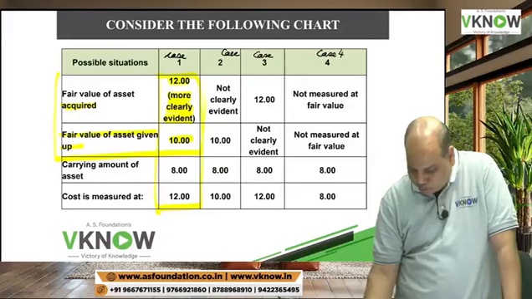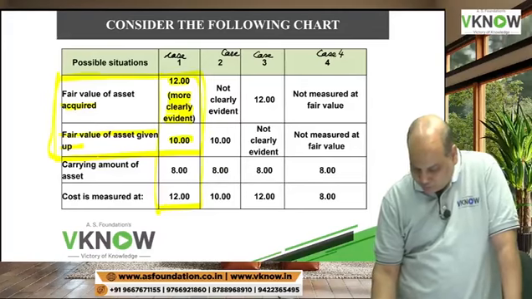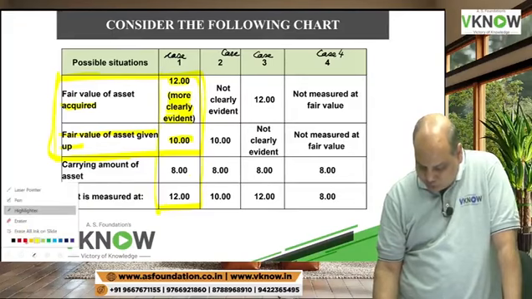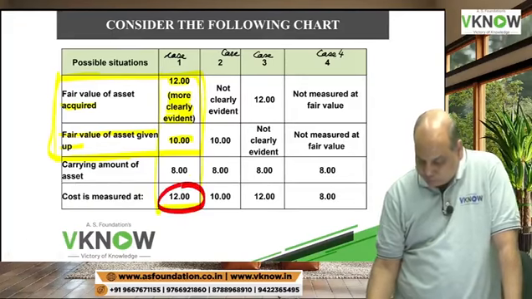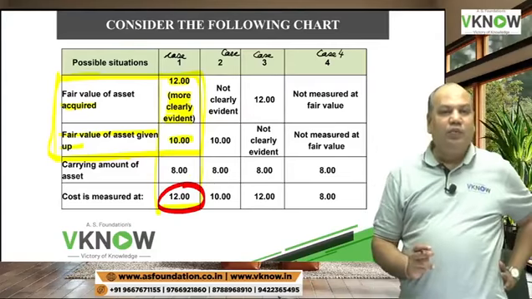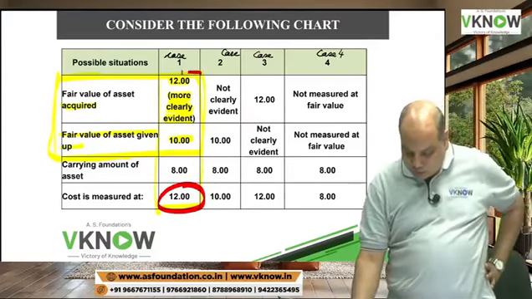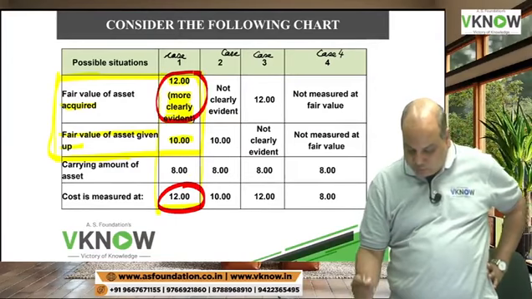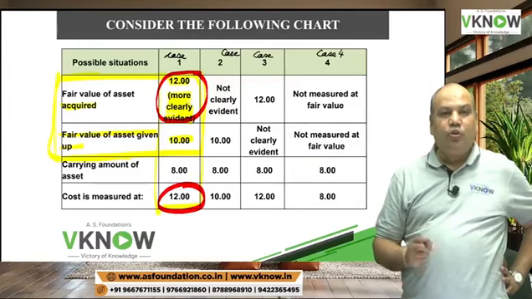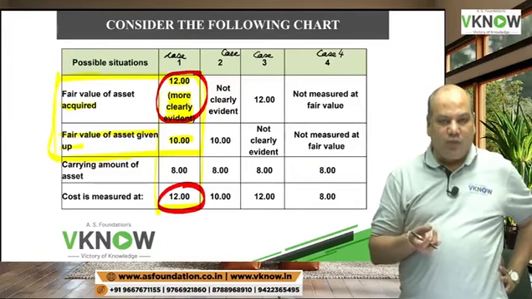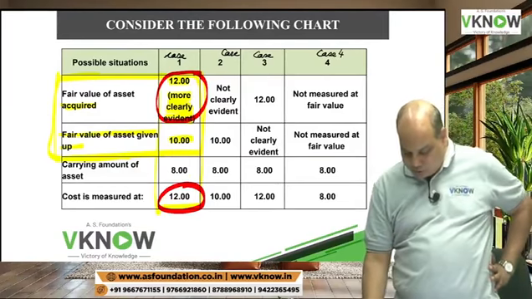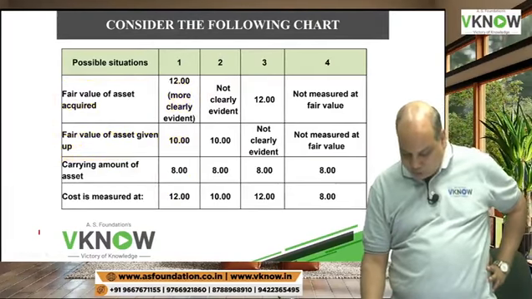Fair value of both are available. Carrying amount is 8. Now the institute is going to ask you a question. At what amount will the asset acquired be recorded? The asset acquired will be recorded at 12. The reason, it is more clearly evident. This is case 1. Okay.